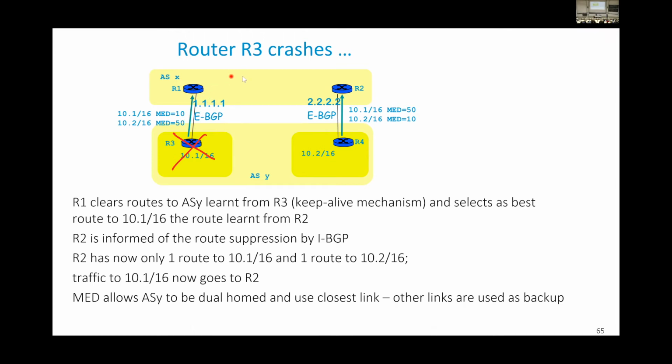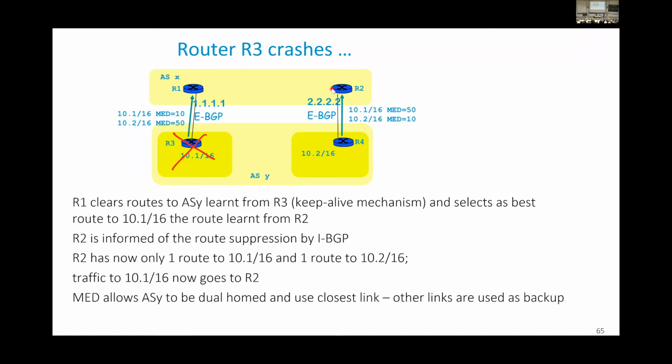R1 has remembered the other announcements, 10.2, which was not the preferred one, but is still in the RIB-in received from R2. Therefore, now since it's the only one, it will be kept. So R1 now has only one route to 10.1 and 10.2.